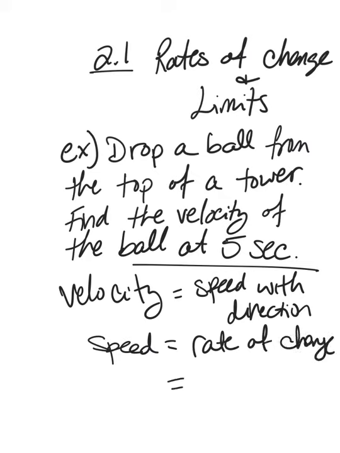Rate of change is just another word for slope. So we're going back to good old slope, where I want to know what is the slope of the ball, the rate of change of the ball at 5 seconds. Got it?